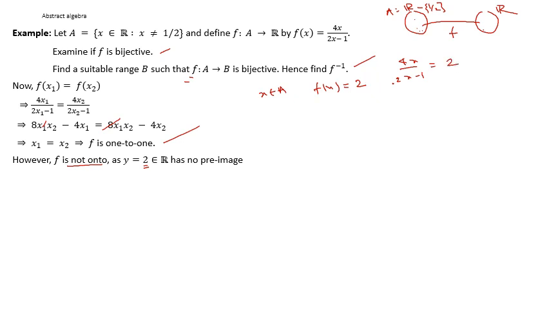So that means 4x equal to 4x minus 2, so 0 equal to 2, which is absurd. So there exists no such x belongs to A for which f of x equals 2. So clearly this is not onto, f is not bijective as such.